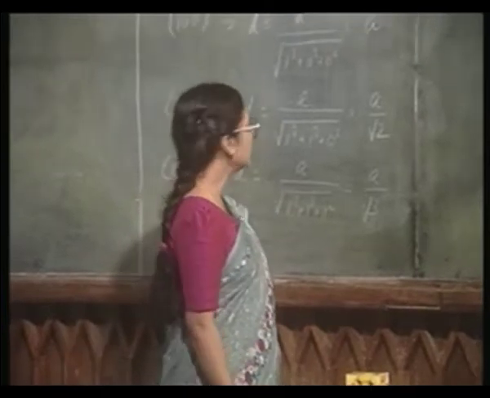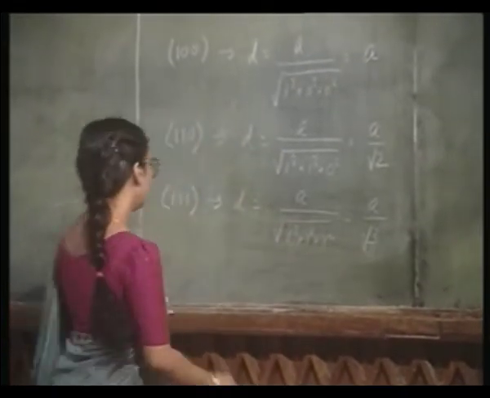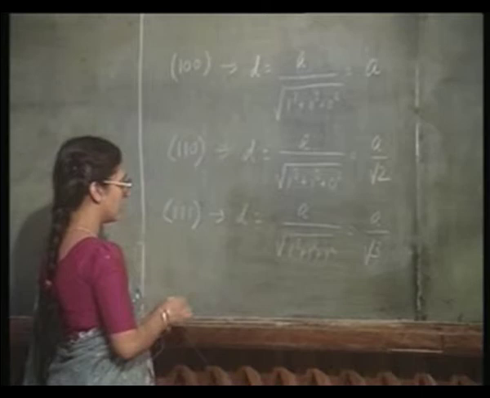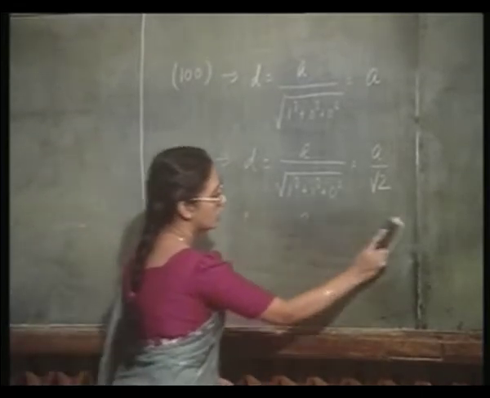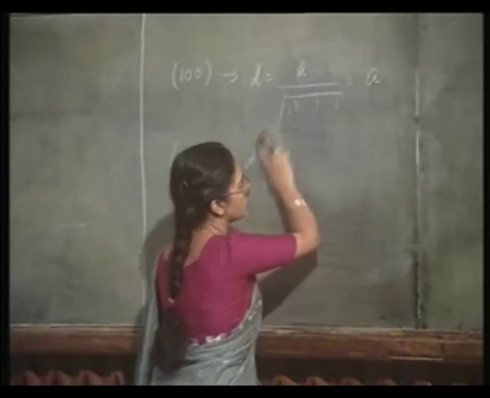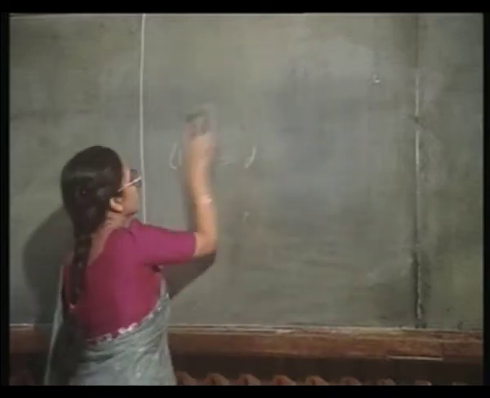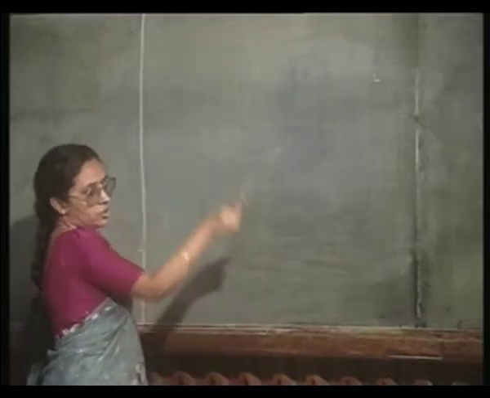The angle between the 1-0-0 plane on the surface and the 1-1-1 plane which you are going to expose is going to be given by this relationship.